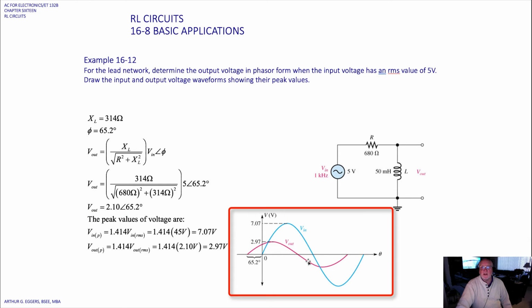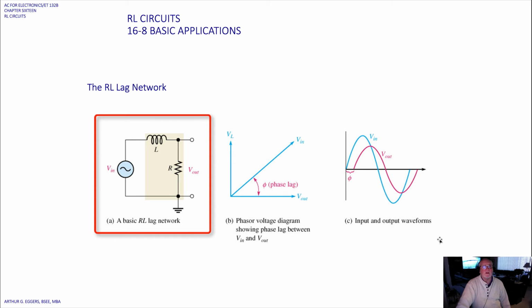We've seen this waveform before, with a lead here of 65.2 and a maximum value in each case, RMS 0.707 and 2.97. For a lag network, notice we're taking the output across the resistor.